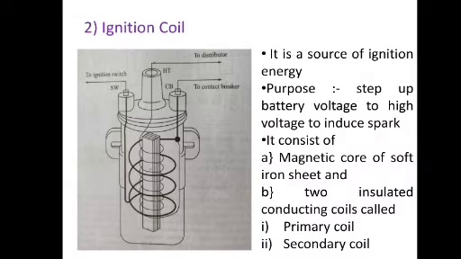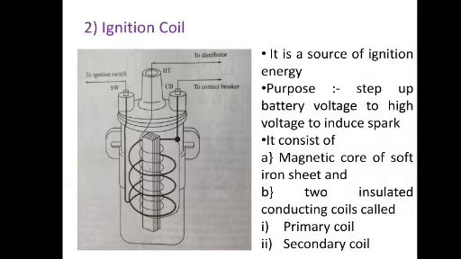Now the entire unit is enclosed in a metal container and forms a compact unit. On the top of the coil assembly is a heavily insulated terminal block. It supports 3 terminals. The figure shows the two smaller terminals marked as switch wire, that is SW, and contact breaker, that is CB.